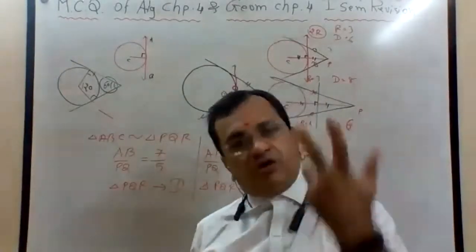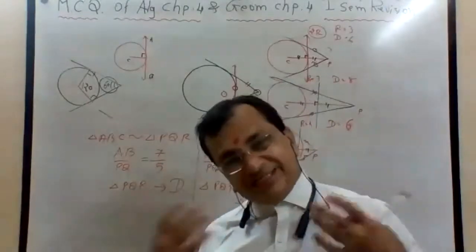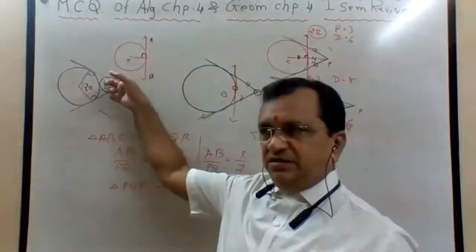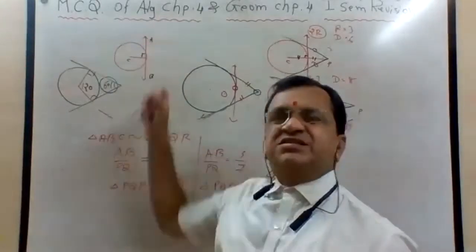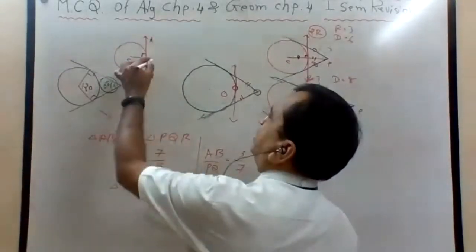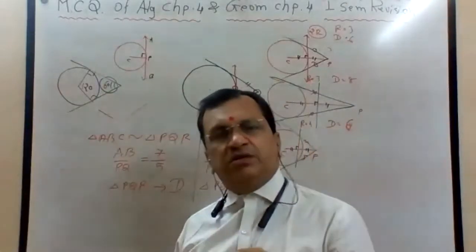The distance of line AB from the center is how much? They have not given the distance, but always it is how much? C is the center, P is the touching point, AB is the line, and we know that AB is always perpendicular to CP, or CP is perpendicular to AB. That is one example.